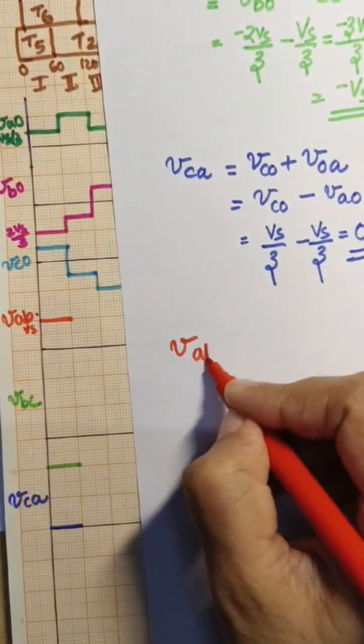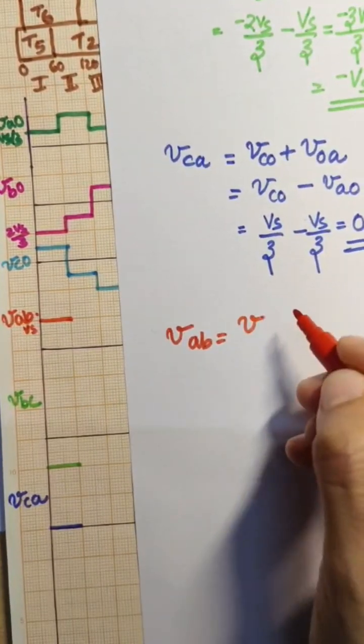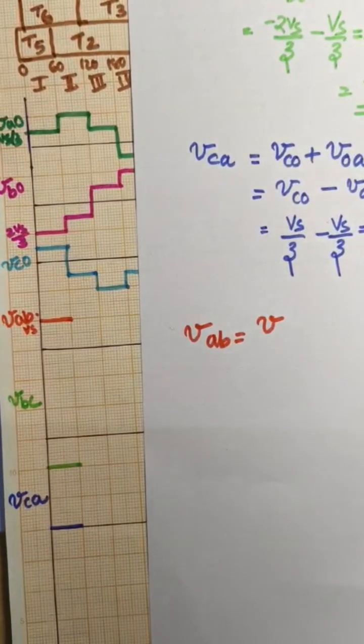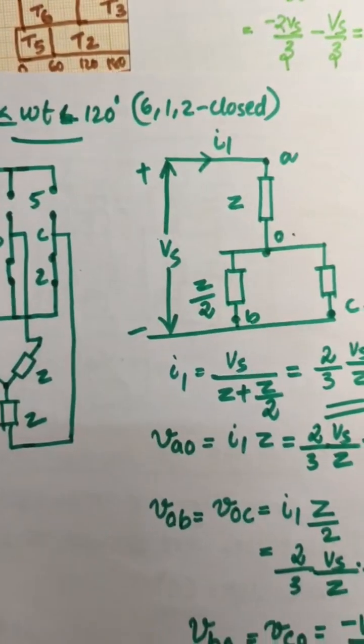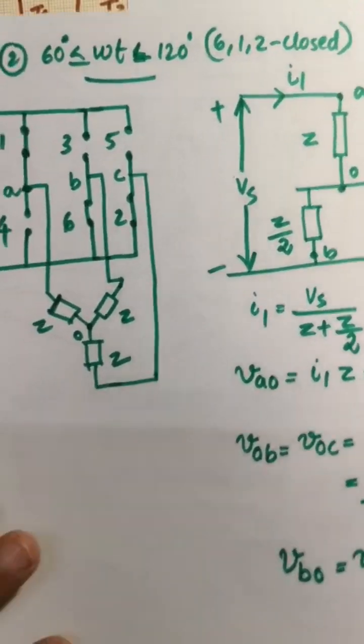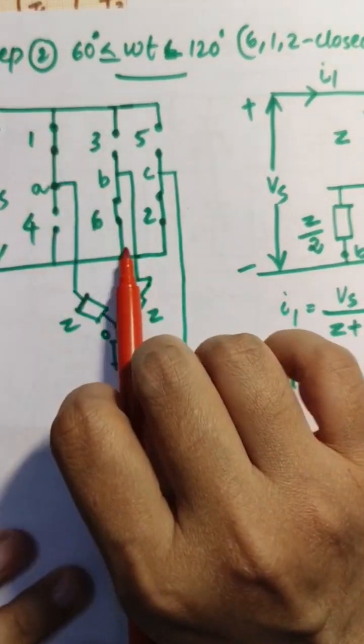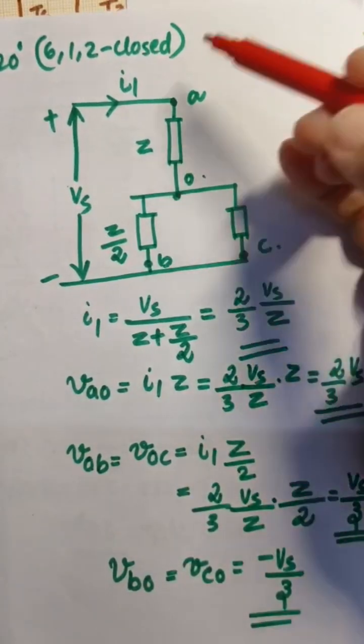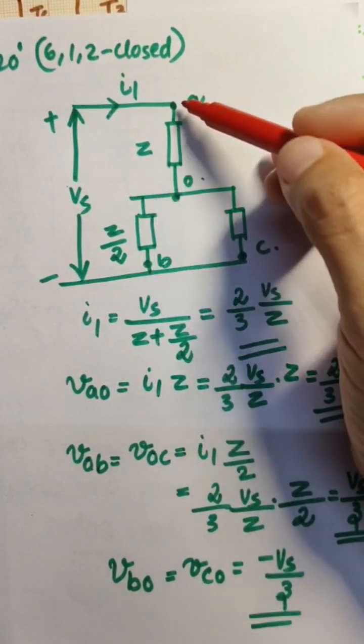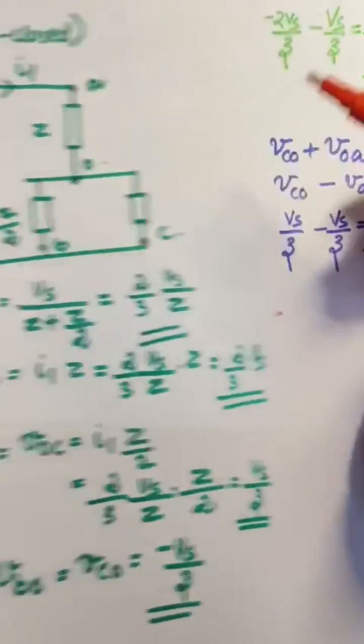VAB voltage is equal to... we need to first take the circuit diagram of step 2. In this, VAB is equal to VAO plus VOB.